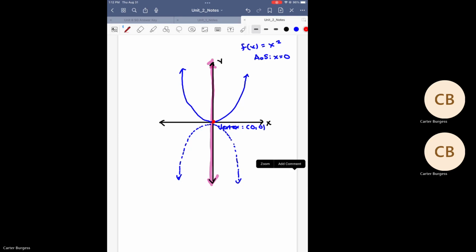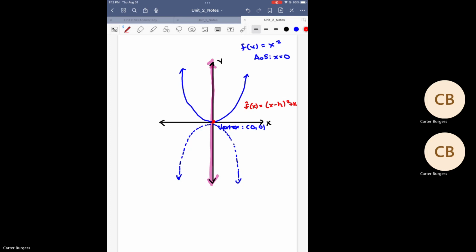In other words, we could take our parent function here and call it, we'll say f hat of x, which will be just our shifts applied to our quadratic. So in this case, think of this function as x minus h squared plus k. That's just vertical shift, horizontal shift.